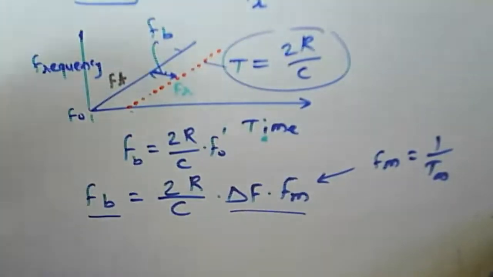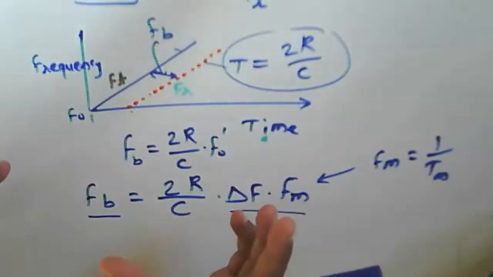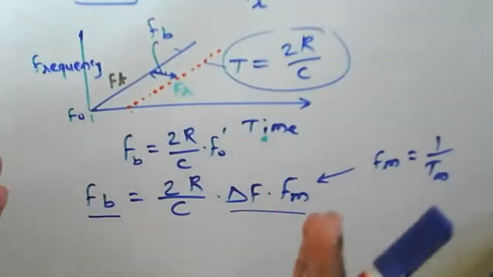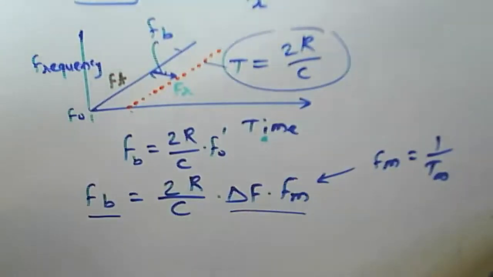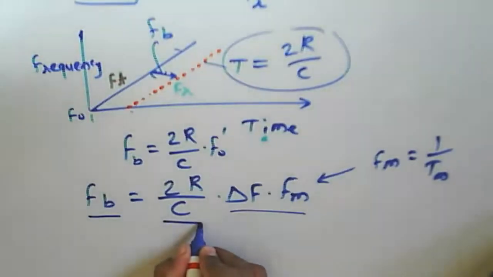Now we say the beat frequency is nothing but the product of the total frequency deviation with respect to the modulation period and the transit time. This one is the beat frequency. This one is the transit time.